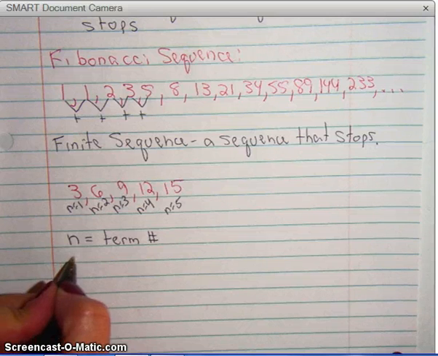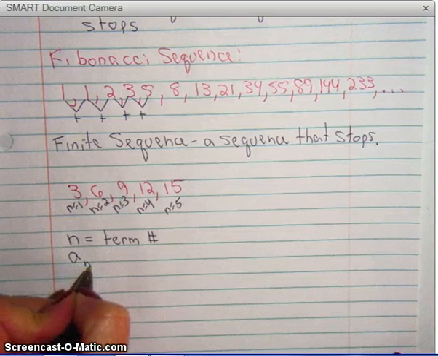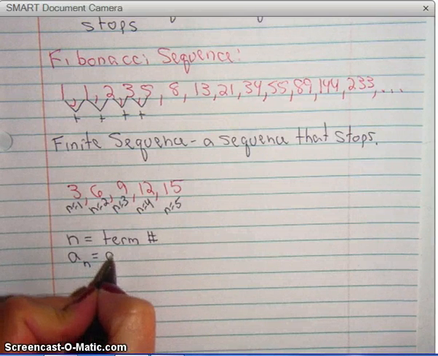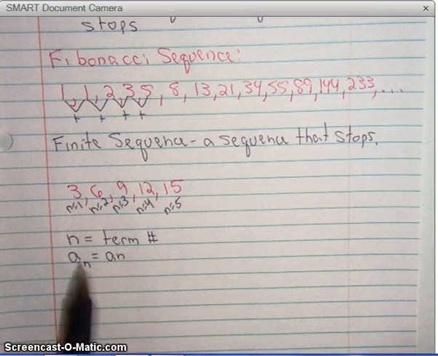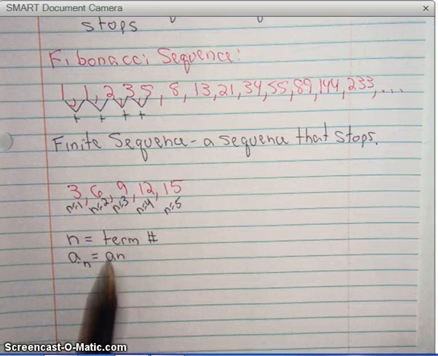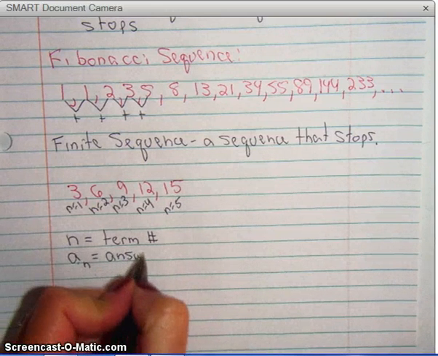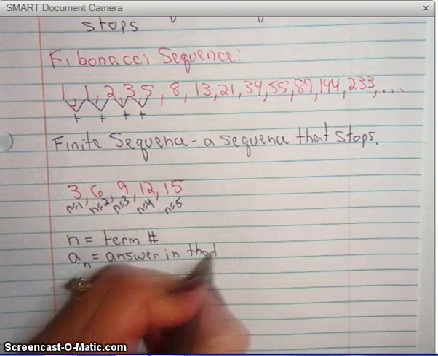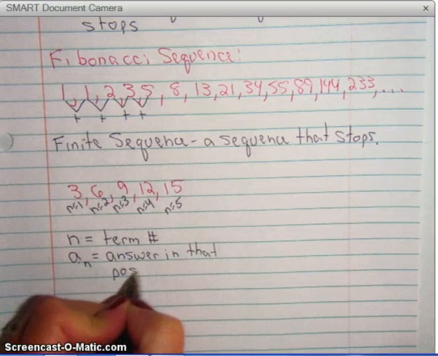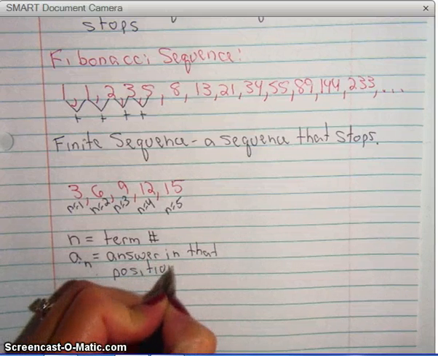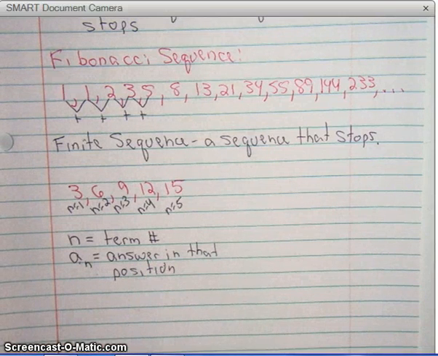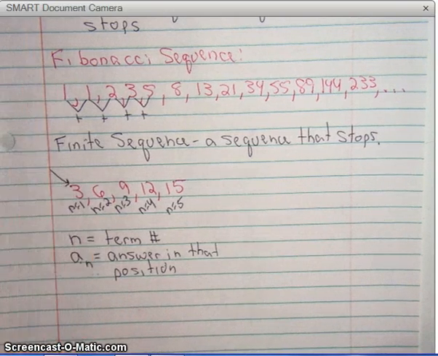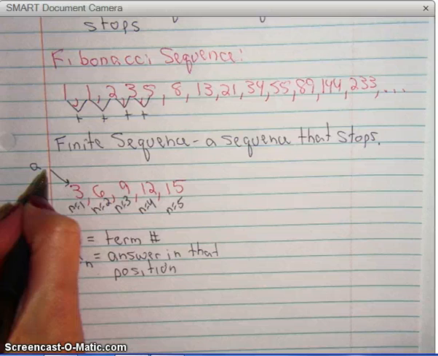Every sequence has a sub n, which stands for the answer. Now, doesn't that make sense? A-N, answer, A-N. Answer in that position. So the answer in the first position is called A sub 1.